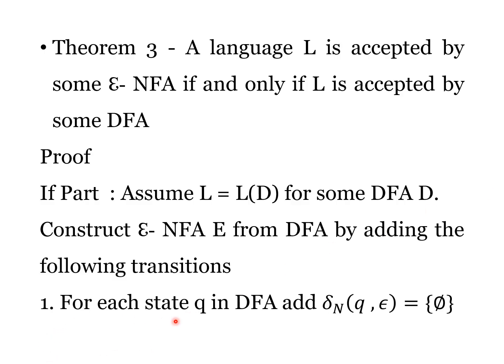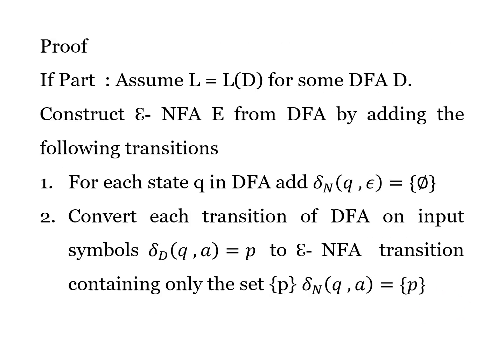So for each state Q in the DFA, in the epsilon NFA we want to add an epsilon transition going to the null set. And another thing is, we want to convert each transition of the DFA on the input symbols to equivalent NFA transitions like delta N of q comma a is equal to the set containing p.